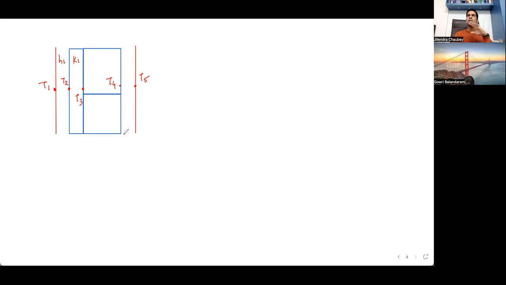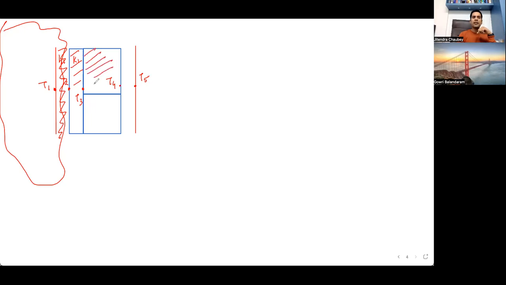Or you can say this is like your room. You're staying inside, this is the air in your room. This is the first layer of plaster. And then this part can be a window, and this can be your brick. Or you can take it like a curtain over here.